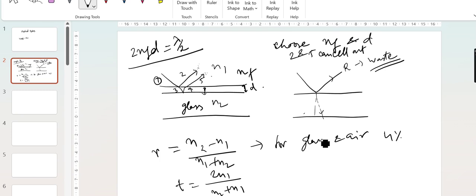We see that the rays should cancel each other, and their calculation has been done.